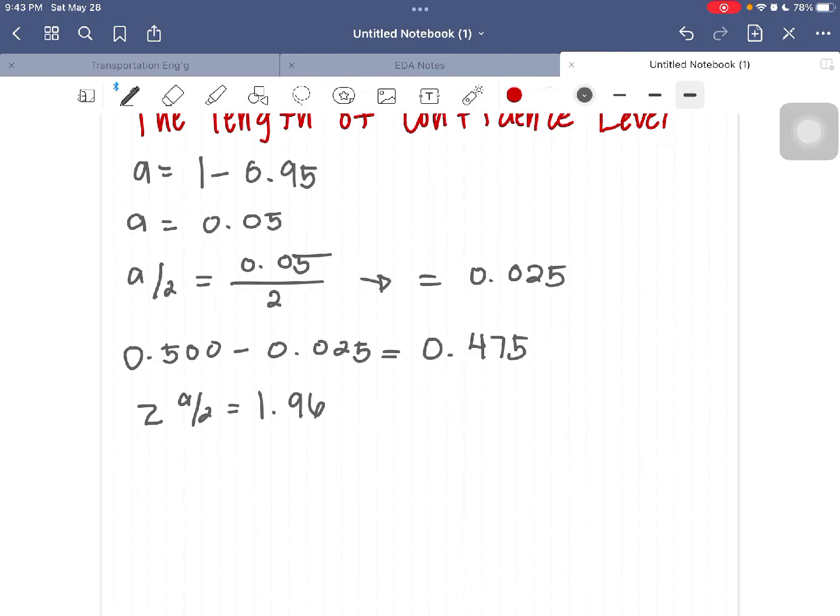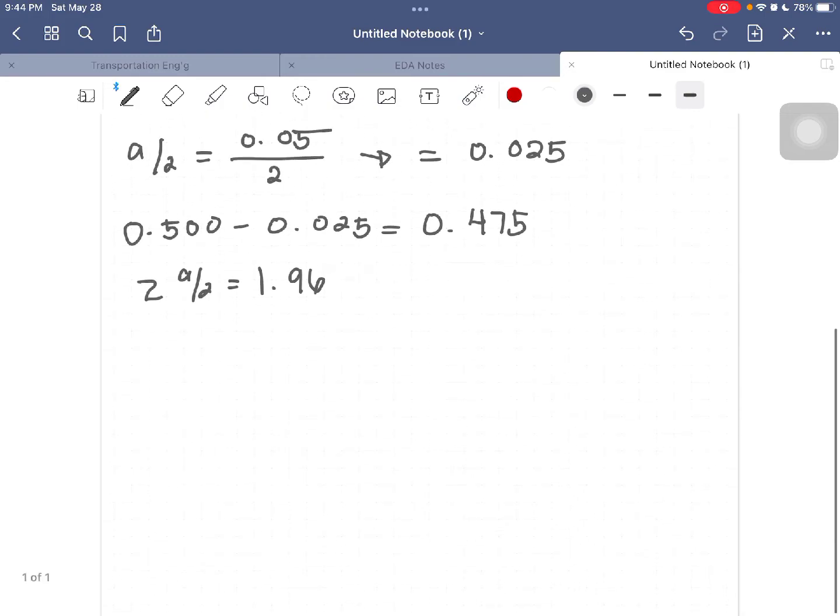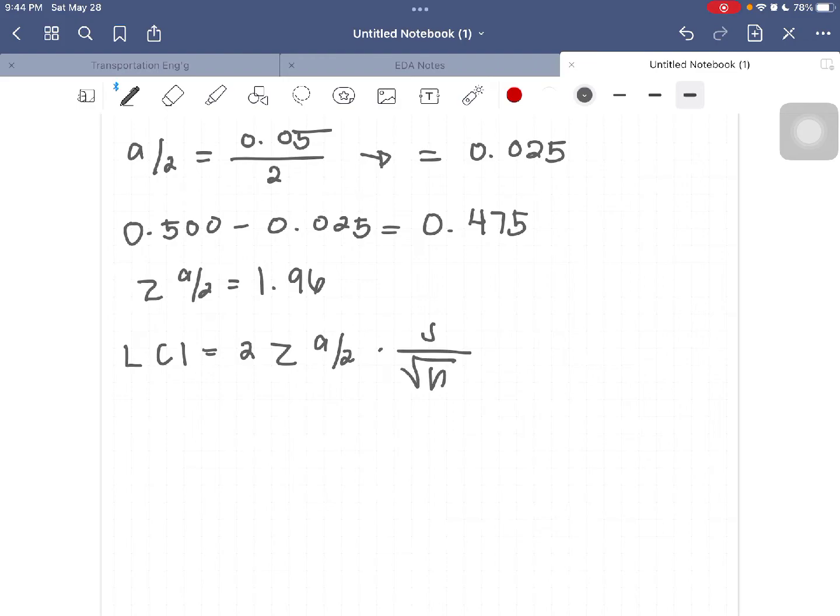And after mahanap natin yung value ng ating Z A over 2, ay magpro-proceed na tayo sa ating formula ng ating confidence level. So, LCI is equal to 2 Z, pwedeng T or Z yan nakasulat dyan. So, Z A over 2 times S, which is our standard deviation, and over square root of N. So, isa-substitute lang natin lahat.